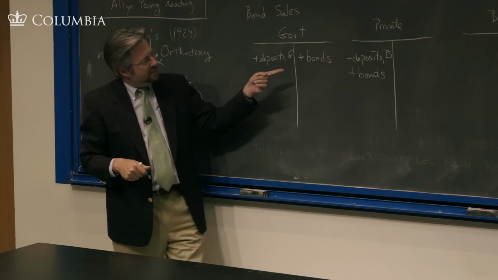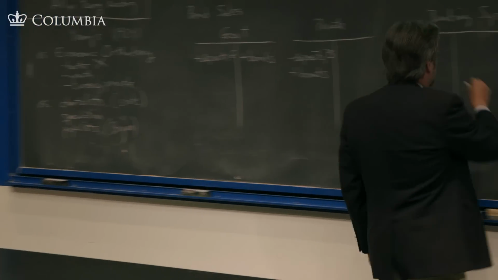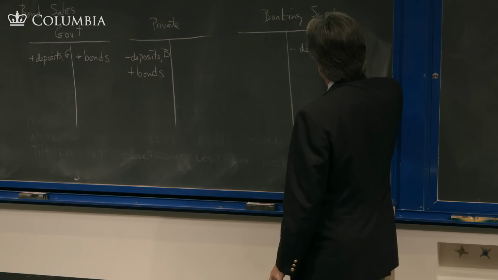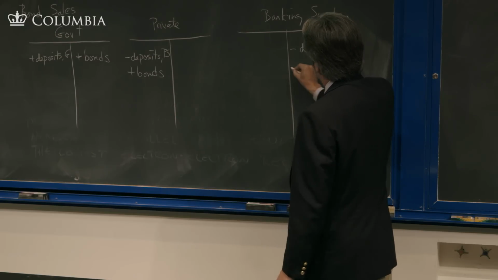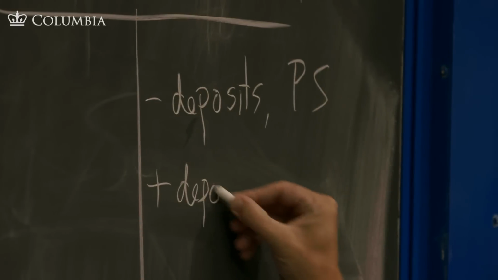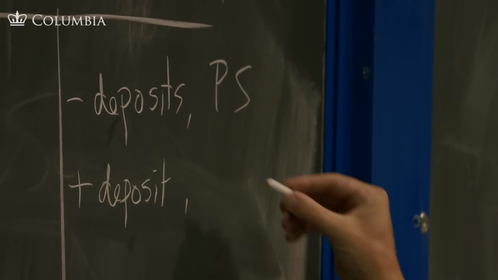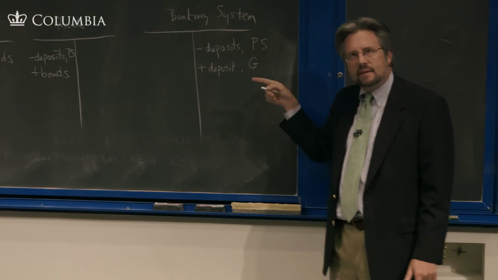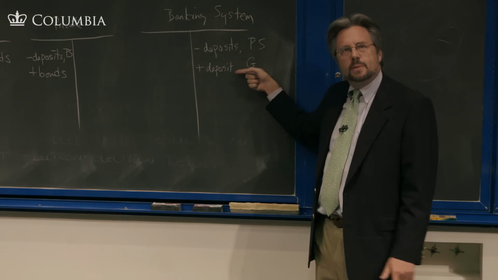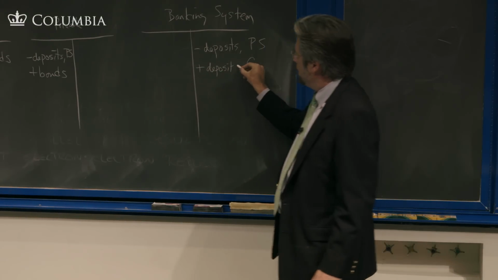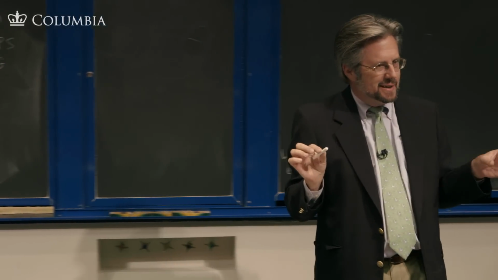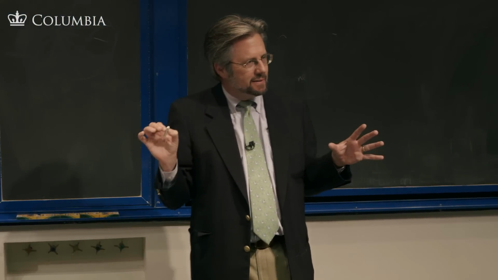And in the banking system, all that's happening is you have a debit to the deposit account of the private sector and a credit to the deposit account of the government. So within the banking system, there's just a transfer of ownership of a deposit account. This is all easy peasy, but we start easy and then it gets more convoluted.